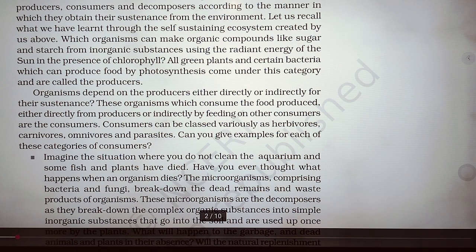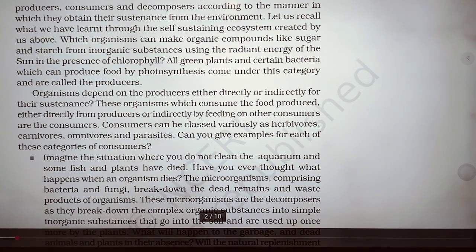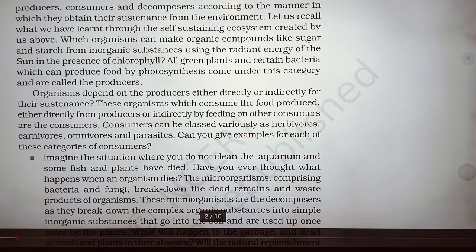Now here is another question: which organisms depend on the producers, either directly or indirectly, for their livelihood?